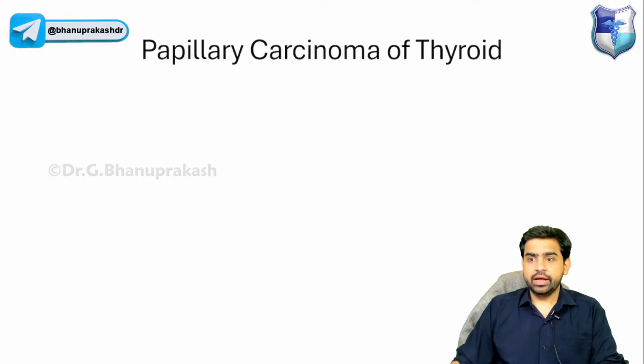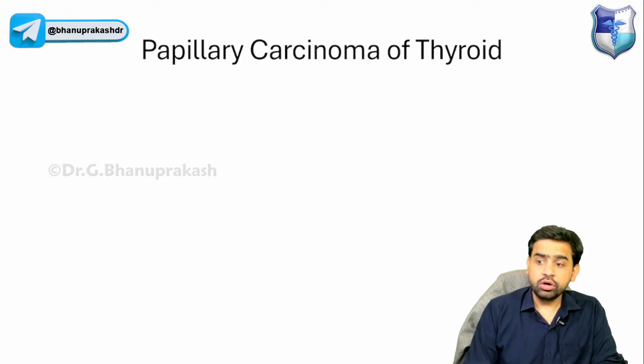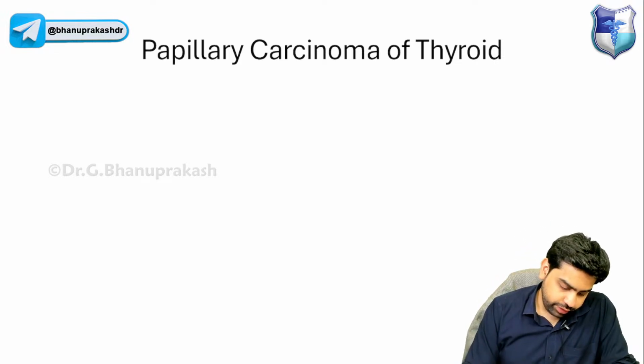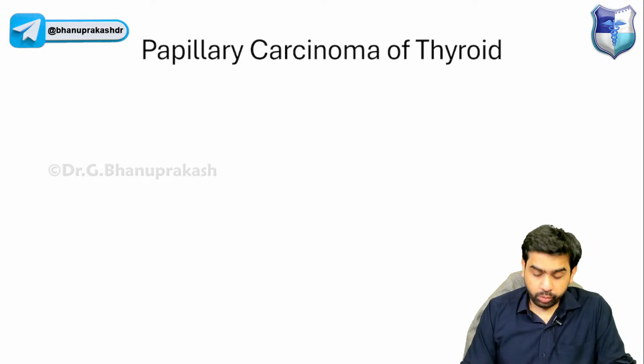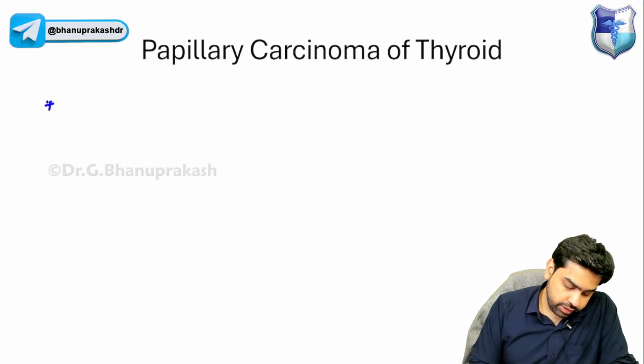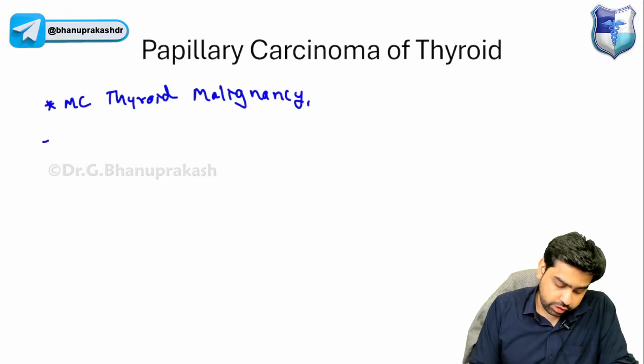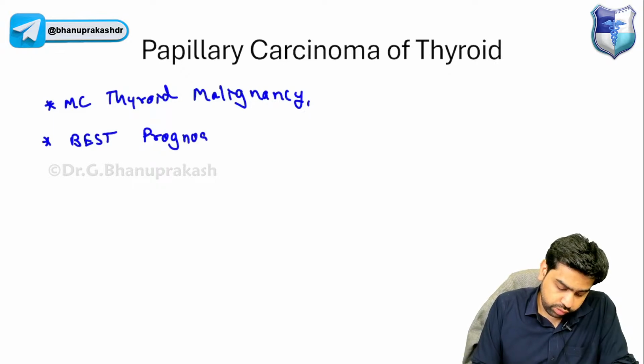Understood? Right. Now, the next topic which we have to talk about is papillary carcinoma of thyroid. This is the most common thyroid malignancy. It is also the thyroid malignancy which has the best prognosis.